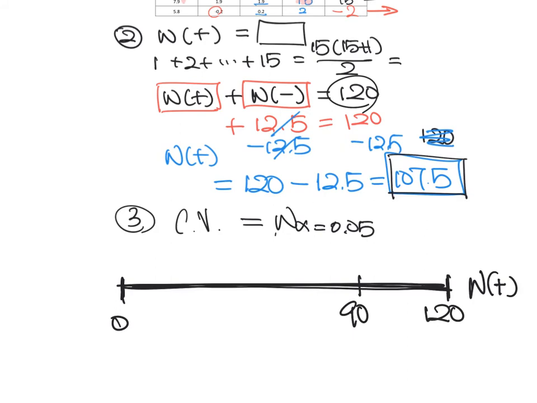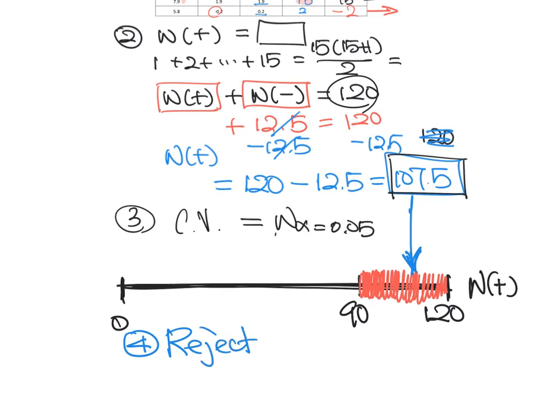And we had the right tail. So when we have a test statistic in this range, then we can reject the null hypothesis. And absolutely, it is here. It's 107.5. So the decision would be to reject the null hypothesis.